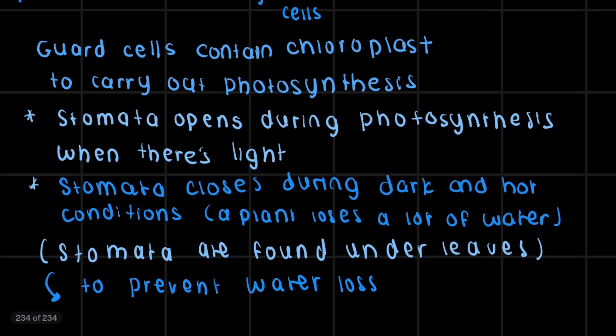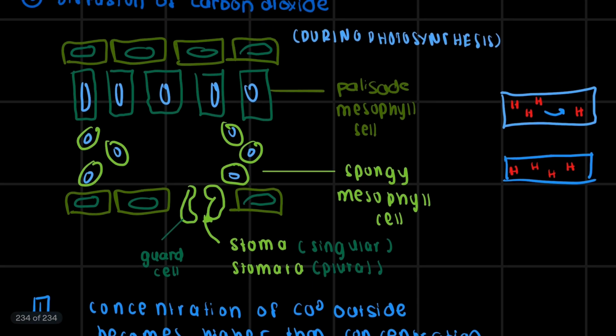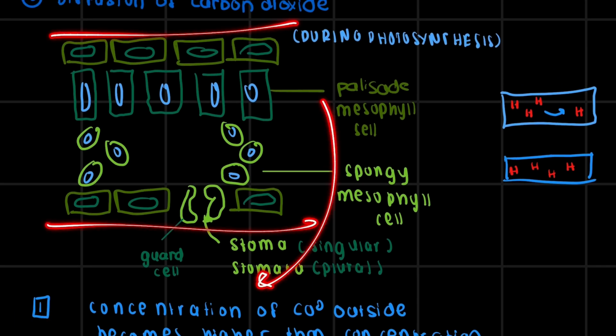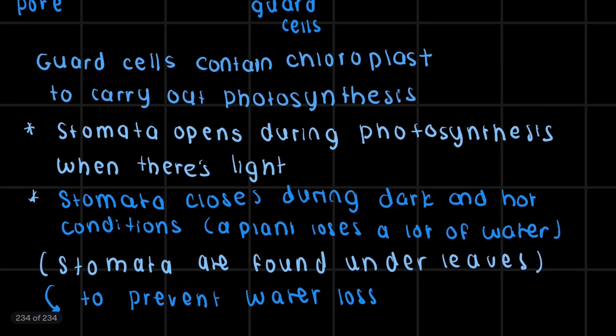And one more tip you need to know that always comes out in questions is that stomata are found under the leaves. As we learned here, stomata, this is the top, this is the bottom. Stomata are under the leaves here because they want to prevent water loss.